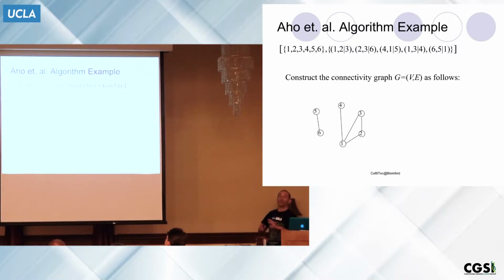Let's have a more conclusive toy example. So now let's move into algorithms. This is our set of taxa. These are our triplets. Construct the connectivity graph as follows. These are the guys. Now, what edge should I draw?